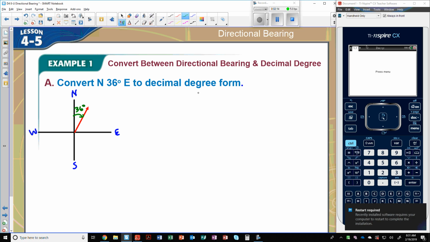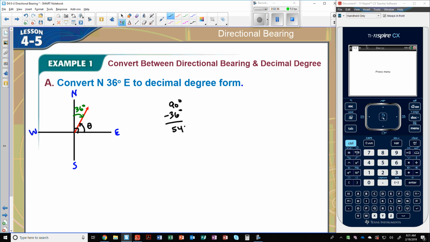Now, to change it to decimal degree form, we need to find the angle from the positive x-axis. Here's what we know: from the north to the east, there are 90 degrees. If there's 90 degrees total, and that's 36 right there, I take it away and find I have 54 degrees remaining.